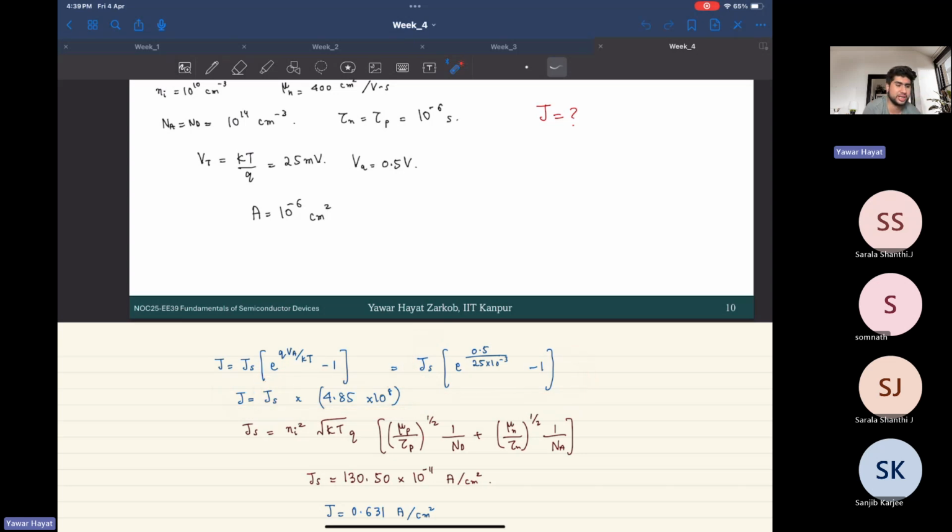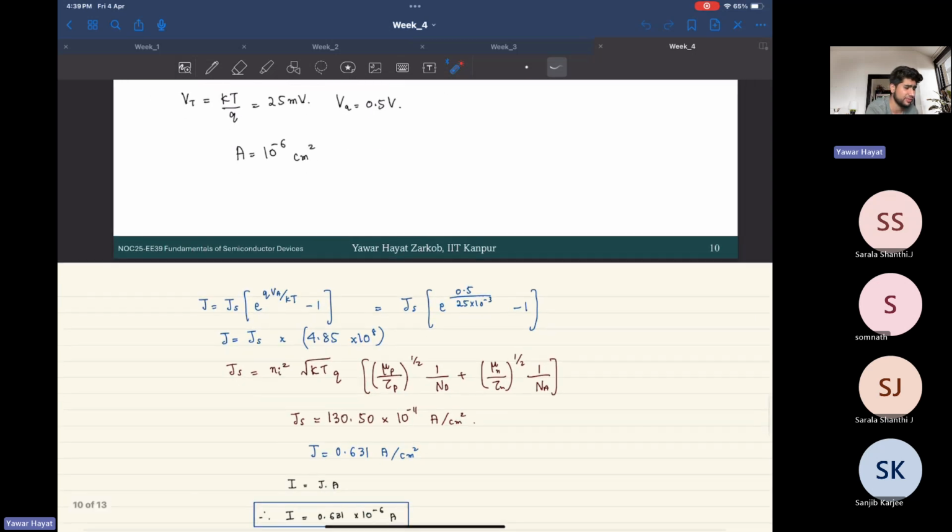This is the reverse saturation current density, right? The expression for the reverse saturation current density is this. If I plug in the values of mobility, minority carrier lifetime, dopings, I'll get this particular value. This is a mathematical exercise that you can verify. This would be 130.50 into 10 to the power minus 11 amperes per centimeter square.